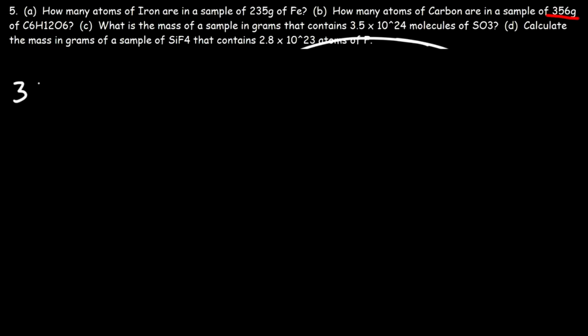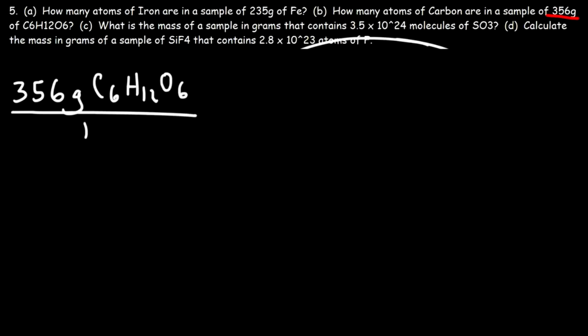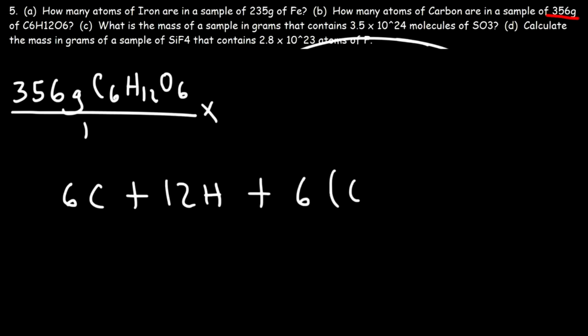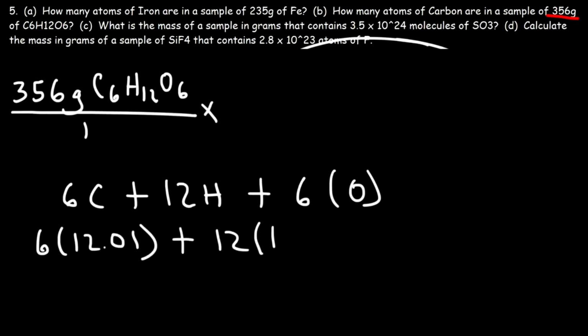So let's start with what we're given, and that is 356 grams of glucose or fructose. They have the same molecular formula. Now let's convert it to moles. So we need the molar mass. We have 6 carbon atoms, 12 hydrogen atoms, and 6 oxygen atoms. So the atomic mass of carbon is 12.01, for hydrogen it's 1.008, and for oxygen it's 16.